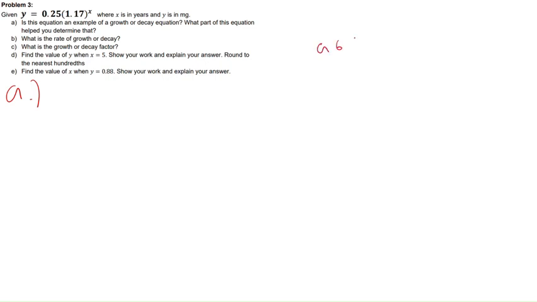So a b to the x equals f of x, or y in this situation. That's actually horribly drawn. The b value here is greater than 1, which means it's a growth equation. So growth.